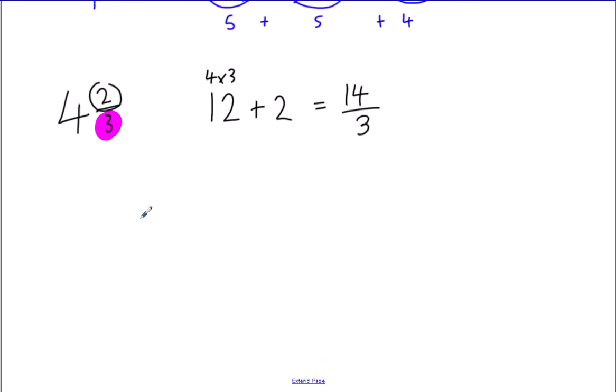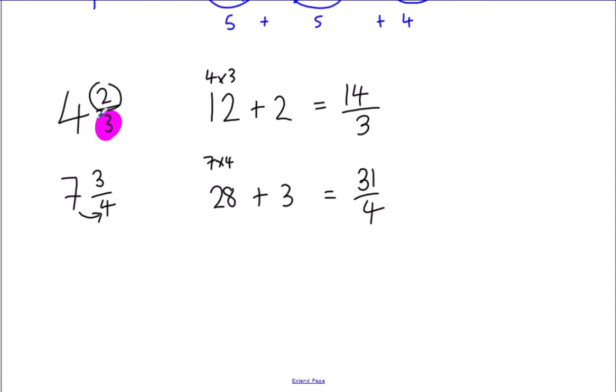We can do a few of these because they don't take very long. If we said 7 3/4, so this time look, it's 7 times 4 because every whole piece is made up of 4 parts, and we've got 7 whole pizzas. So 7 times 4 is 28, plus the 3/4 extra makes 31/4.